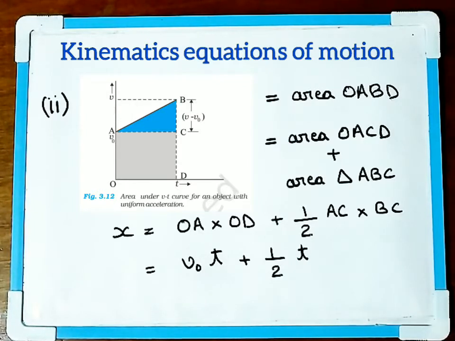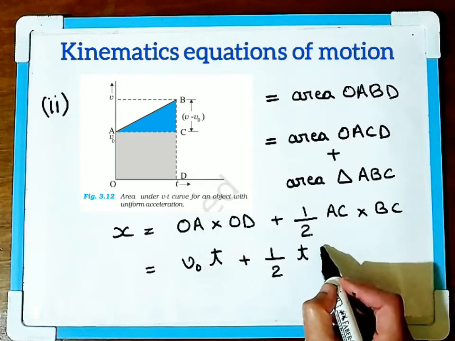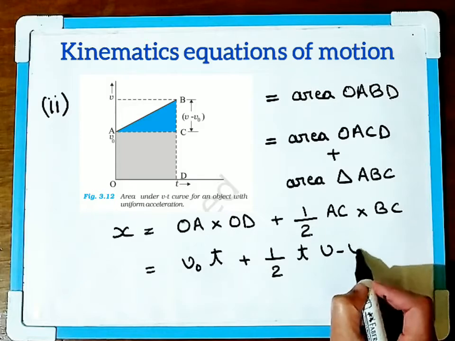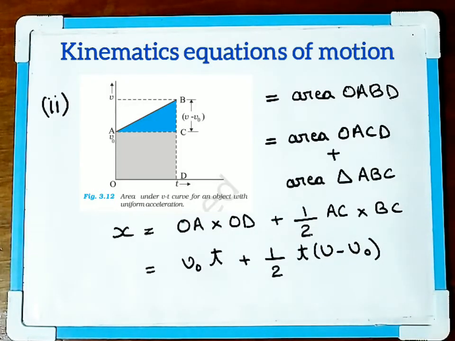So BC will be equal to BD minus DC, which is v minus v0. So the displacement is v0 t plus half t into v minus v0.